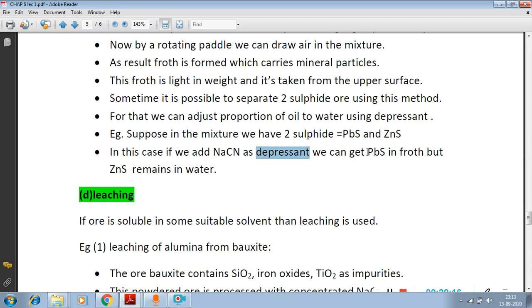It will resist the entry of ZnS in froth. It will not let ZnS enter the froth. So in the froth only PbS will be there, and ZnS will remain in water. So we can separate these two sulfides using a depressant.